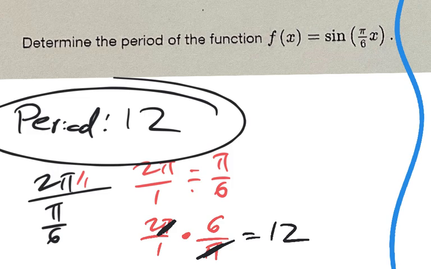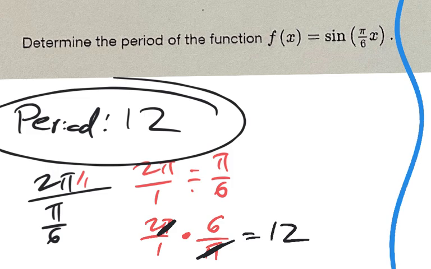So I'm no longer talking about it in terms of pi. I'm just back to good old regular numbers, which means if I had to graph something like this, my x's would not be with pi's anymore. They would just be your normal x's, like 3, 6, 9, and 12. And that's how long it would take to complete one full cycle, because the period is now just the regular number 12.